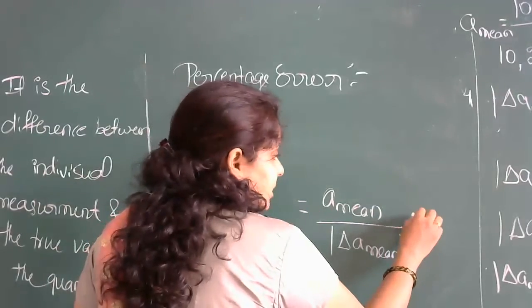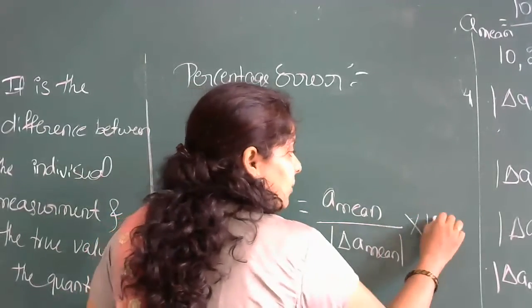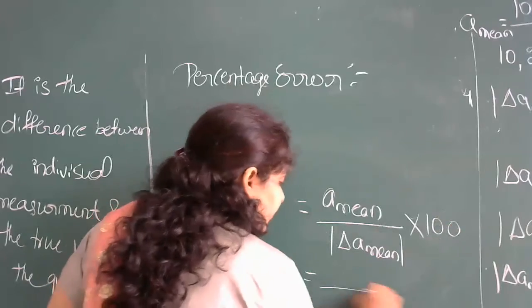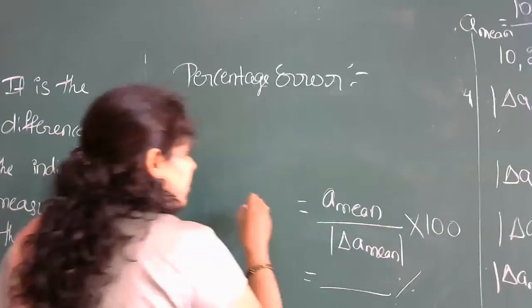If I multiply the relative error by 100, the answer is in terms of percentage.